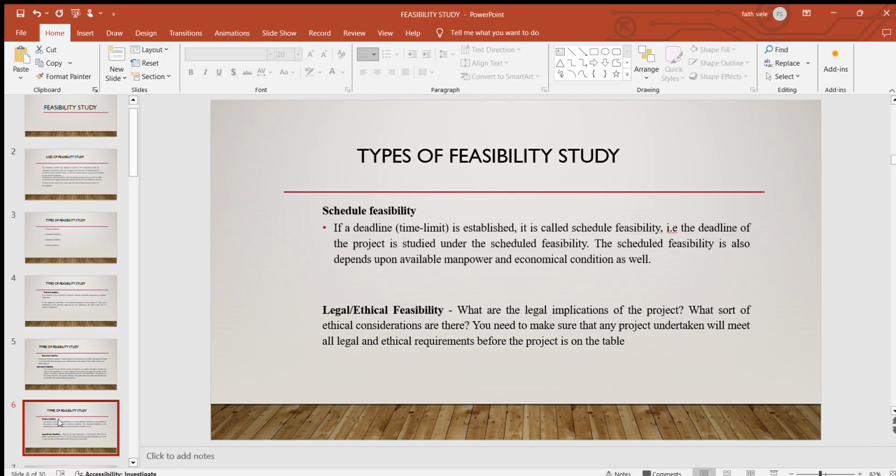And then we have legal feasibility. So under legal feasibility, it basically checks on regulations, whereby it checks if the proposed system, let's say, complies with relevant laws, regulations, and even the industry standards.